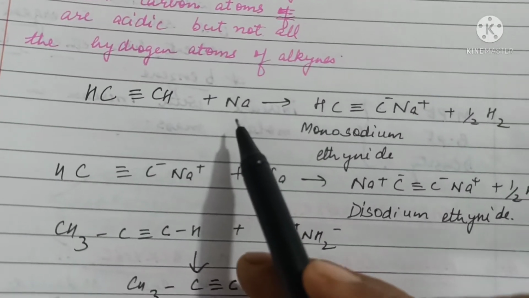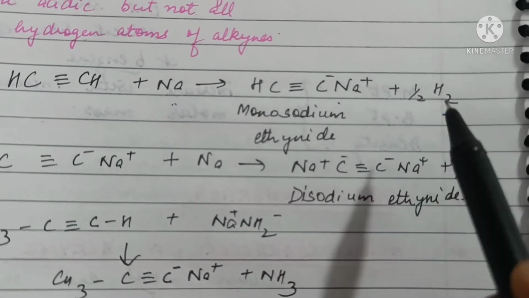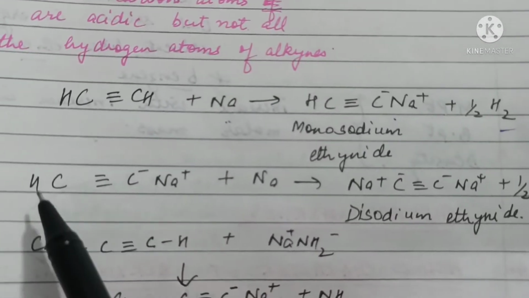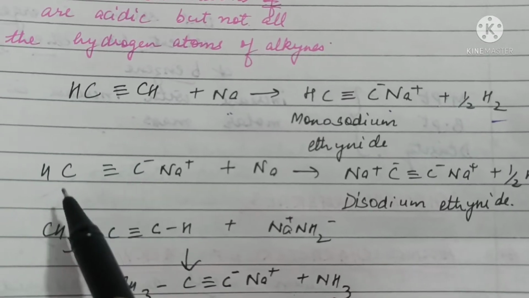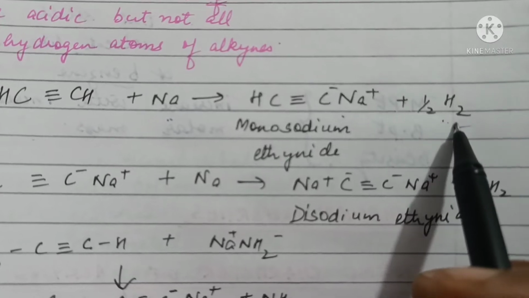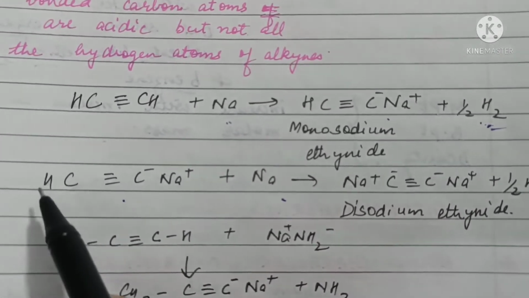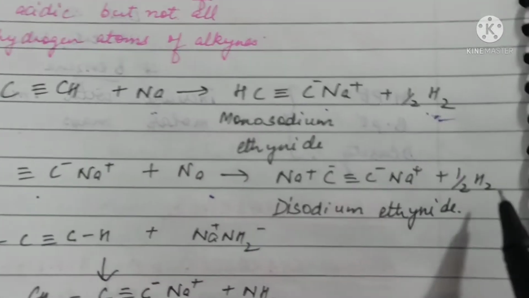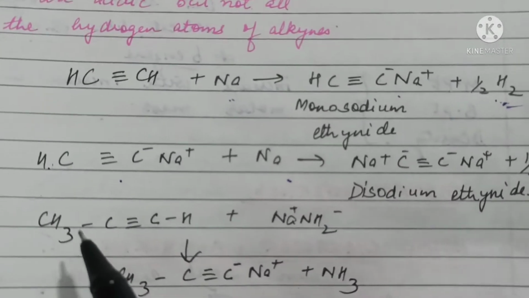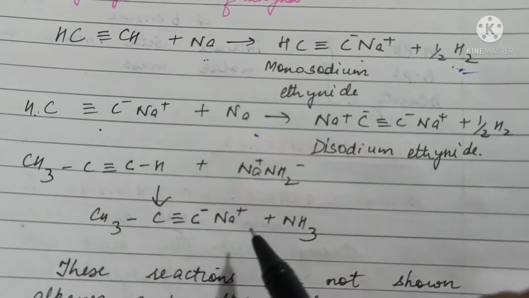So alkyne will react with basic substance like sodium to form sodium acetylide and release hydrogen gas. This happens with the other hydrogen atom also. So first monosodium ethynide will be formed with the release of hydrogen gas. Then this will further react with sodium metal to give this also as hydrogen gas, whereas propyne will give only monosodium propynide.